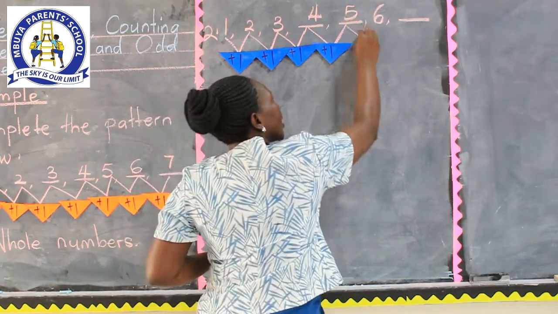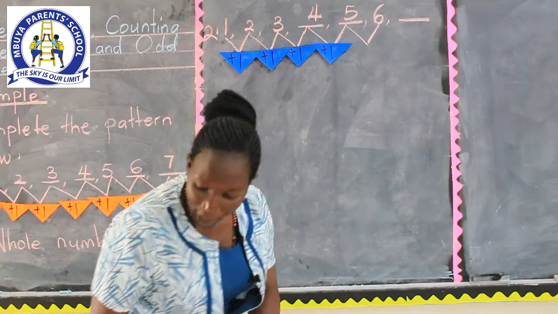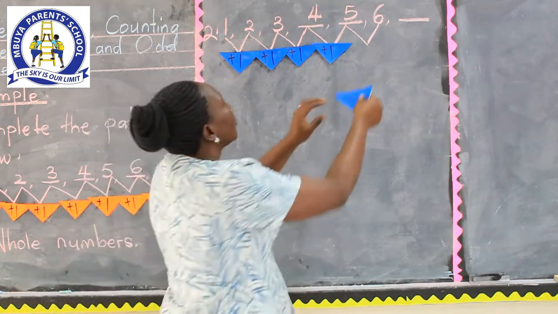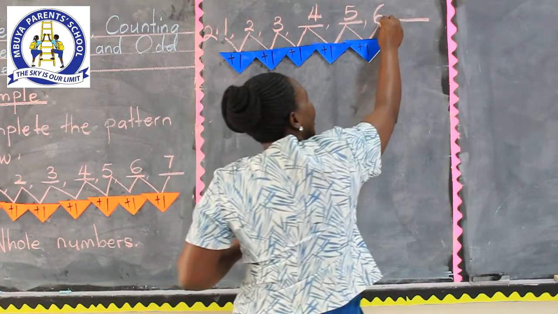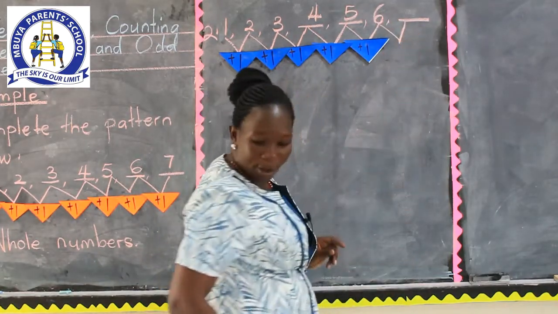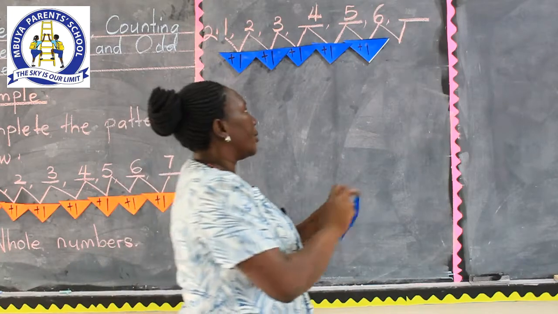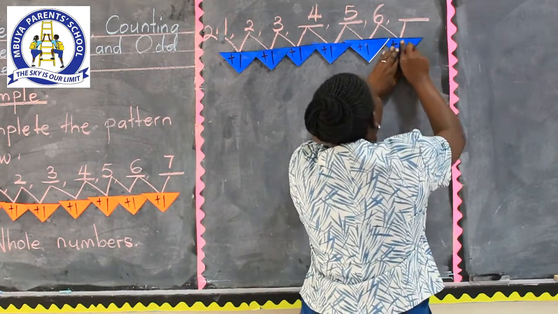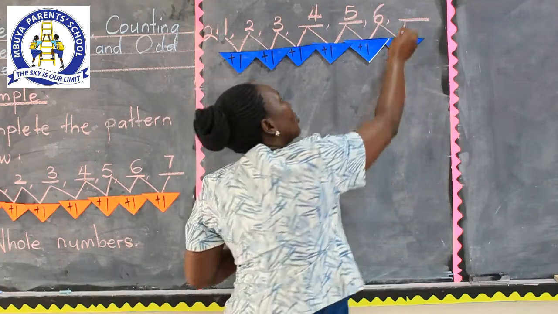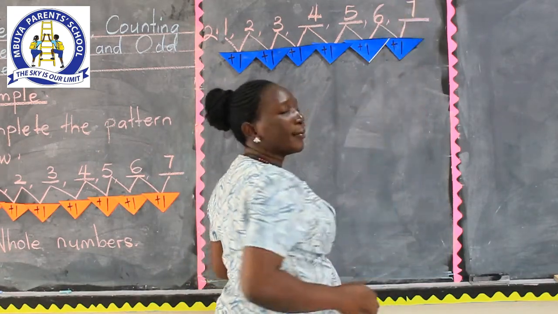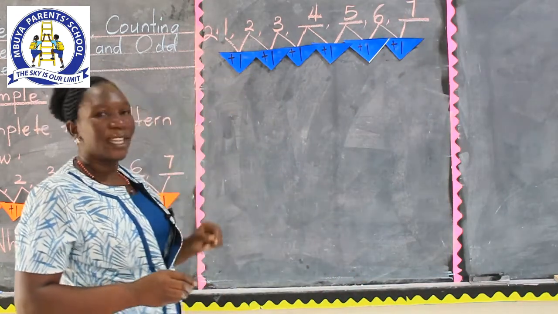So to get 6, 1 was added, as you see there. Then to get the missing number there also, we shall add 1. And when you say 6 plus 1, we come to 7. So I've completed that pattern.